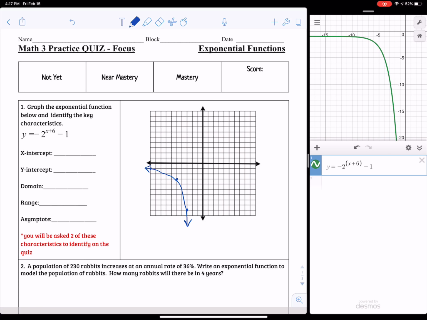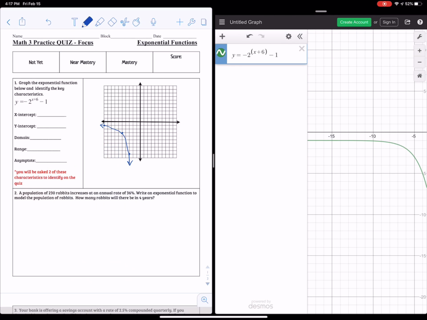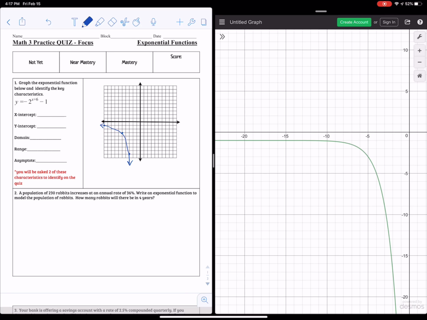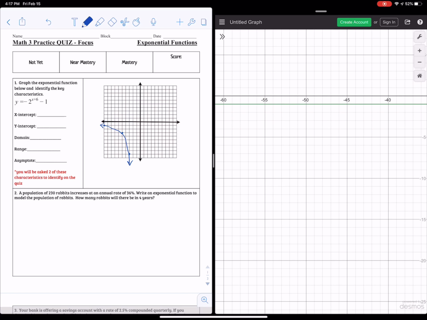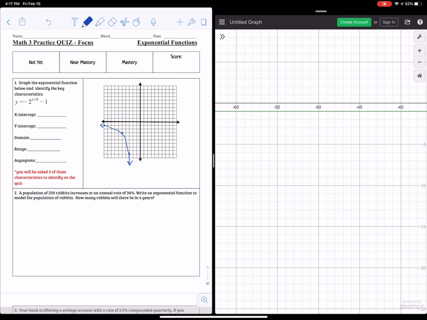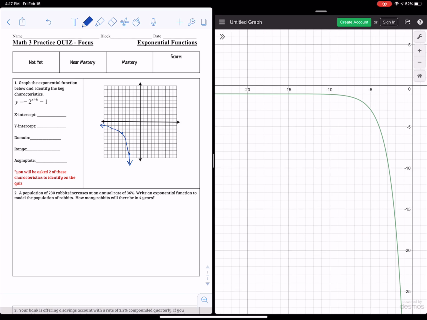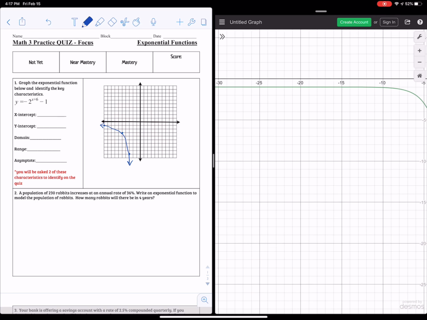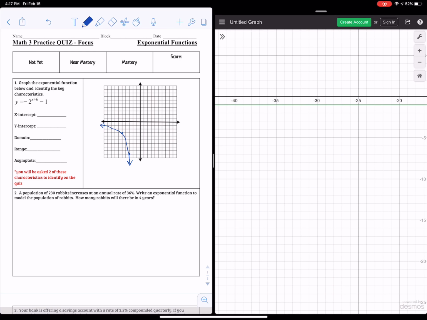And then it says x-intercept, y-intercept, domain, range, and asymptote. With Desmos, I'm going to make it a little bigger and hide my function for a minute. I can see that the asymptote is this line at y equals -1 because it never goes up past -1.